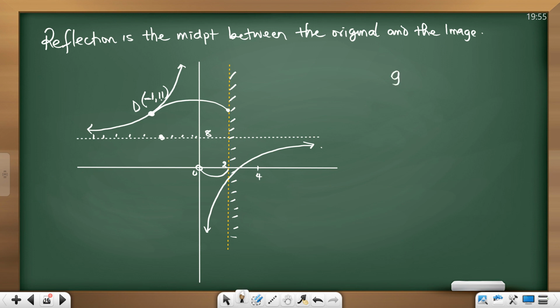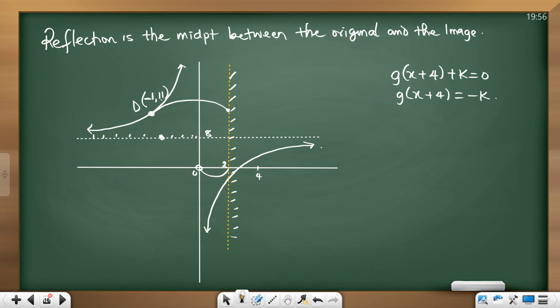Examiner is saying g. I told you. First, let's find out what x plus 4 equals to. So I see what it is.